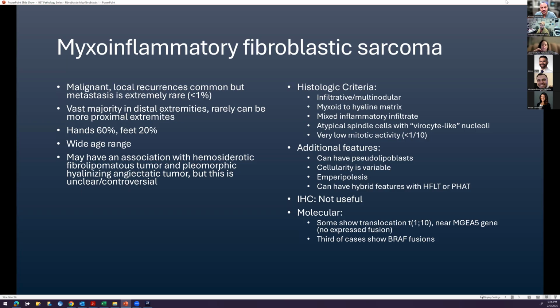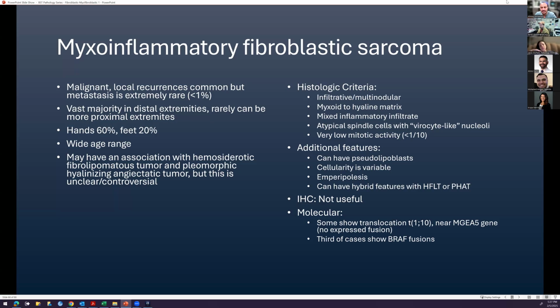If you start having a lot of mitotic activity, you get out of the realm of MIFS generally, and it's possible that you have what's called high-grade transformation of myxoinflammatory fibroblastic sarcoma. Those tumors are going to behave more like a high-grade sarcoma, right? They'll behave more along the lines of a metastatic tumor, so you don't really want to call it if you have a lot of mitotic activity.